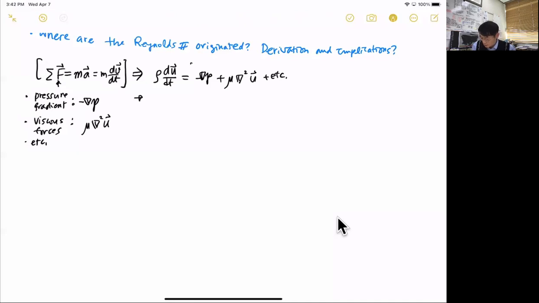This is a total derivative, and in fluid mechanics d/dt can be written as the partial derivative with respect to t, plus u dot gradient. You can write it down in this way.